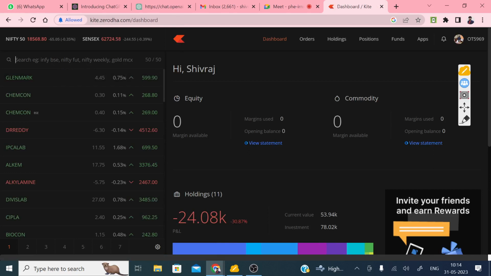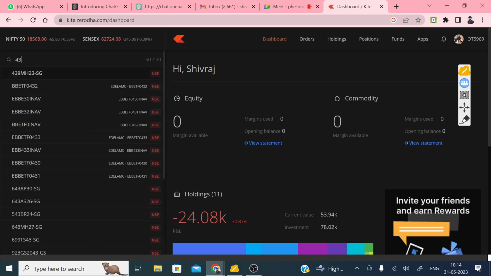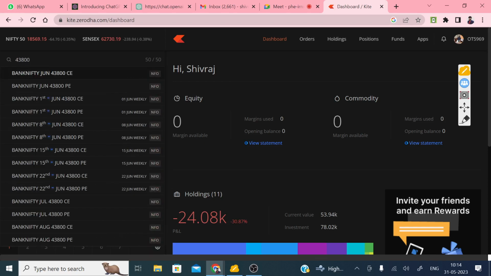So if I take the example of, let's say, Bank Nifty, see, this is the Bank Nifty, 1st of June. So today is 31st, right? And we have a 31st of June. So it means Bank Nifty.